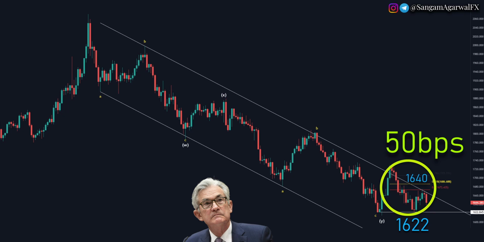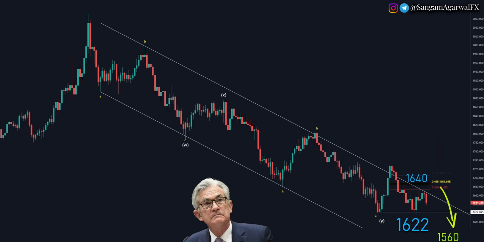So if a daily candle closes below 1622, then we can sell with target up to 1560. But first we need a clear breakout, because this last leg has retraced 50% at 1673, and this last daily red candle still looks bearish. But big movement will only happen on FOMC day.